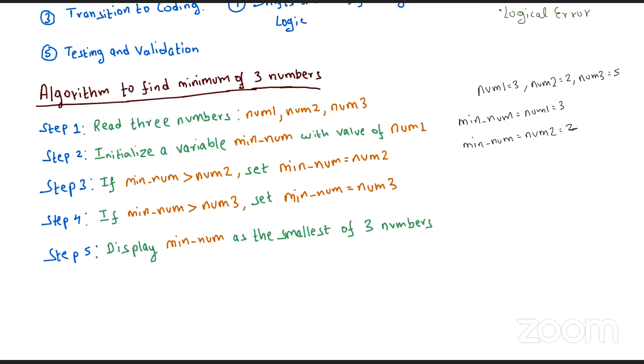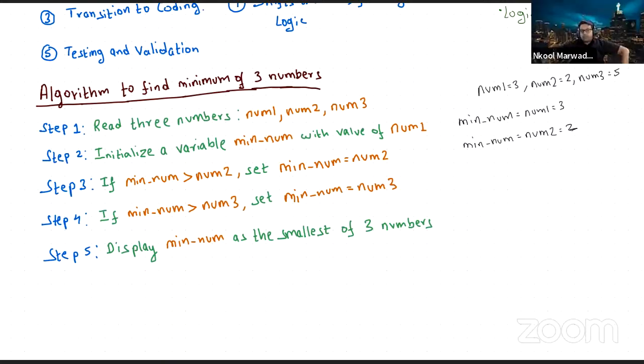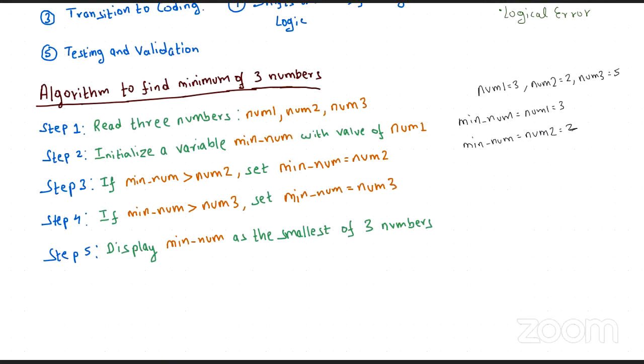I wasn't saying that min num is greater; we will check in step 4 and see what we get, true or false. So min num isn't greater than num3, so the condition is false.